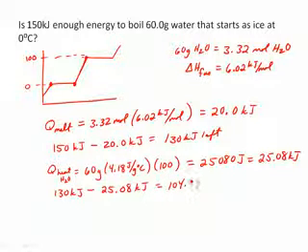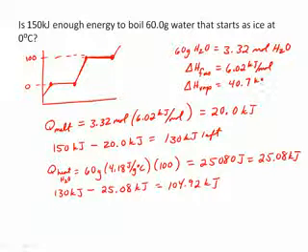That leaves me with 104.92 kilojoules. Okay, so now I want to see if I have enough to make the transition to boil the 60 grams of water. So now I'm going to need my delta H of vaporization, and looking that up, it's 40.7 kilojoules per mole.